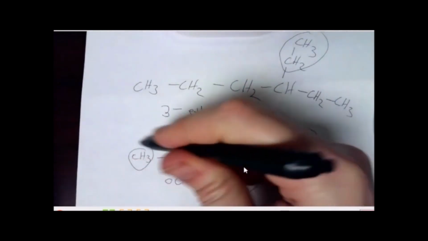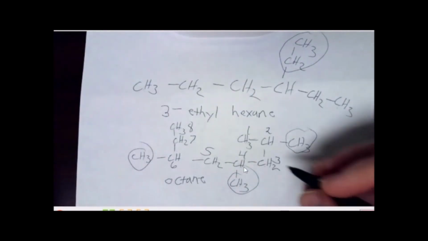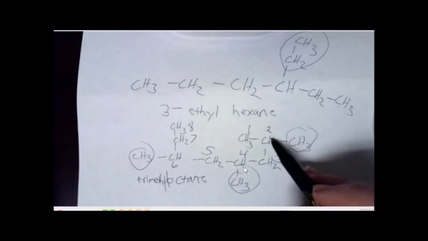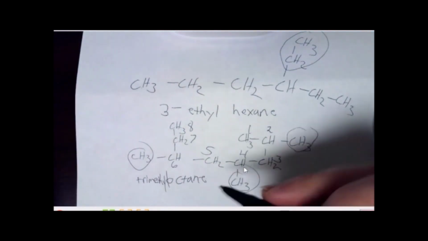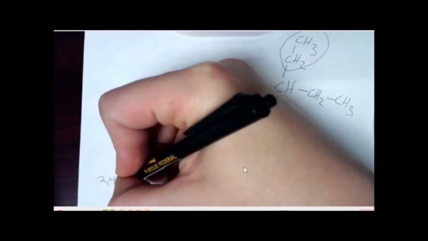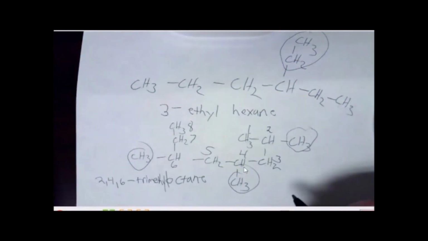So we have a methyl, another methyl, a third methyl. So it'd be trimethyl. And they're coming off at the 2, 4, and 6 position. So we call that 2,4,6-trimethyl octane.